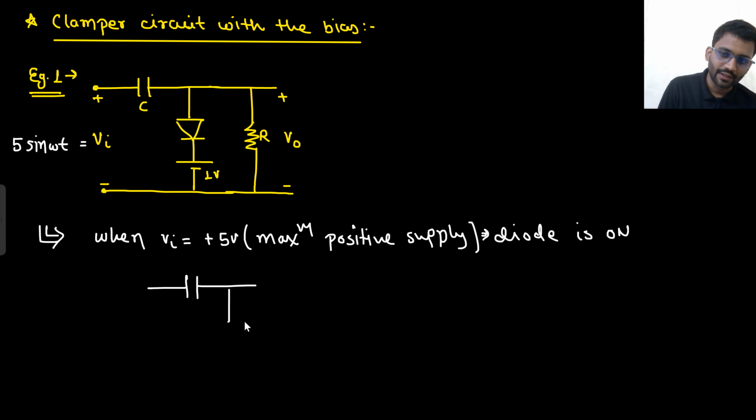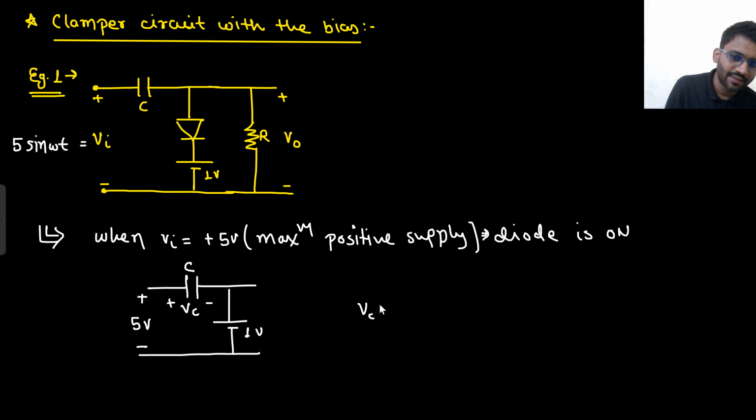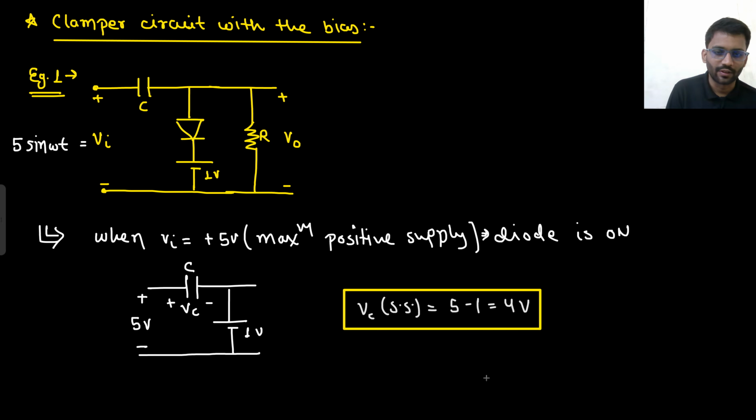If diode is on, then that means this will be 1 volt. And here I am applying 5 volt. And this I am calling Vc. So what will be my Vc steady state? Vc steady state will be 5 minus 1. That will be 4 volt. So my Vc steady state will be 4 volt.